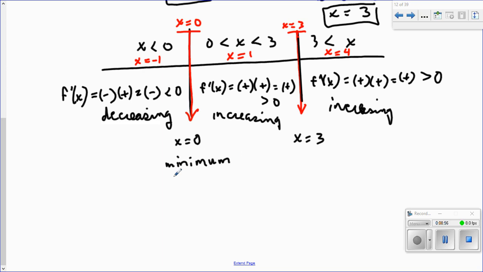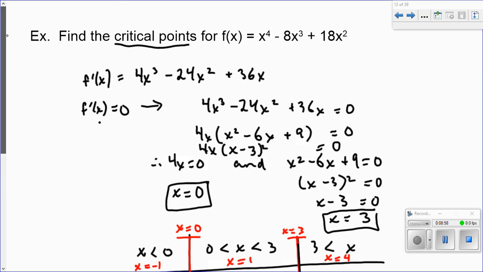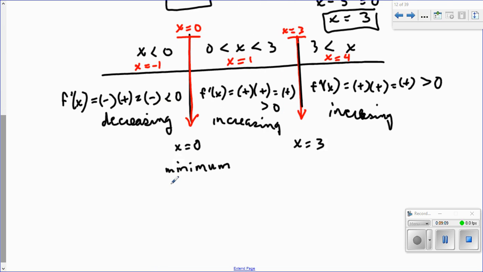Because we know our original function is a quartic function, and I know it opens up, right? This minimum point is actually going to be a global, or absolute, minimum here. And at x equals 3, it's increasing, and then it's flattening out, so at x equals 3 I've got a 0 slope, and then I continue to increase.